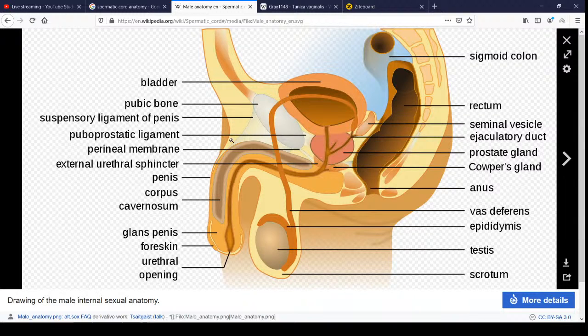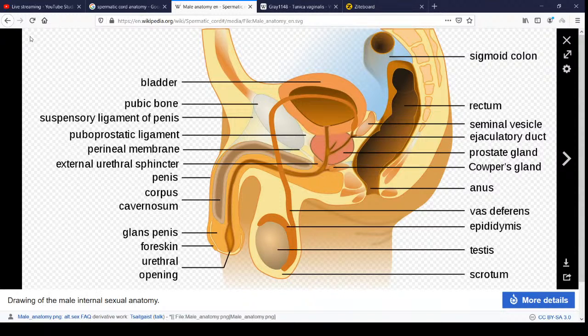You have the pubic bone, you have the suspensory ligament of the penis. These are not real ligaments, these are just the folds of the visceral peritoneum. Here you can see the glans penis and then the vas deferens.